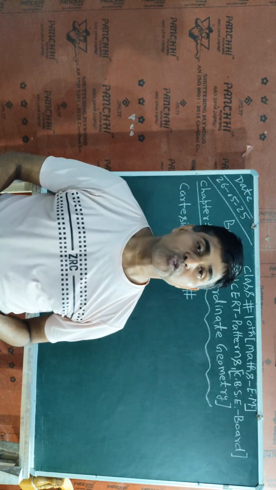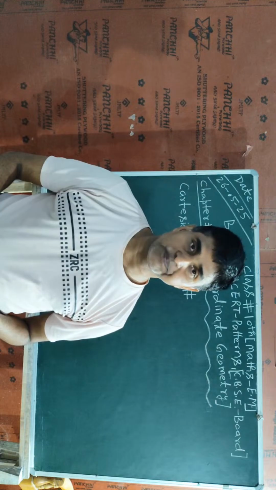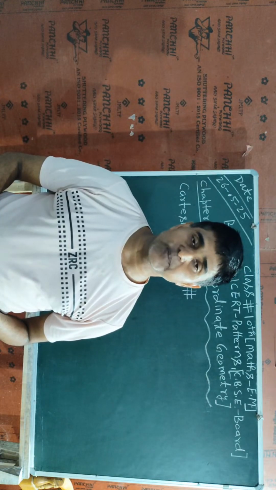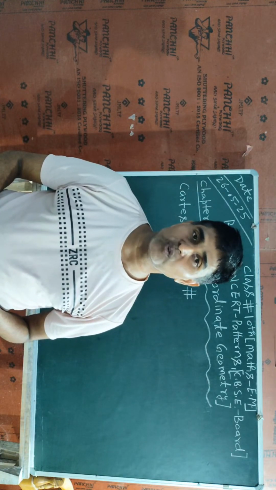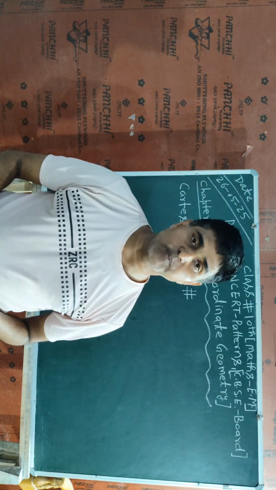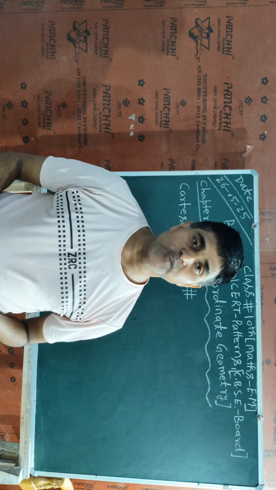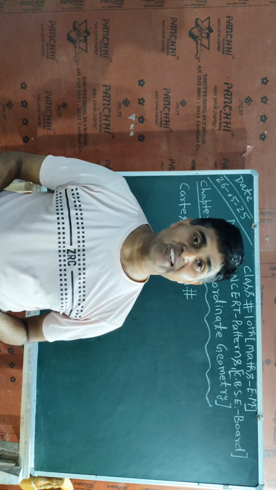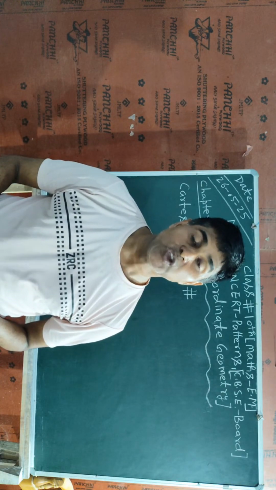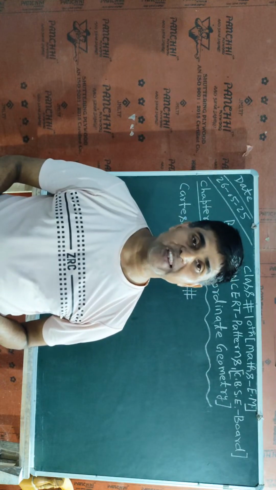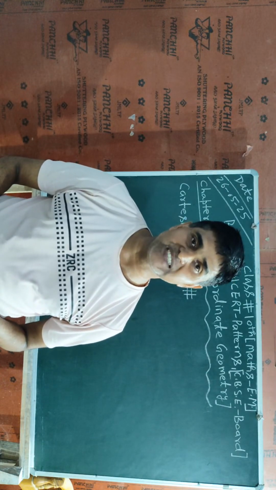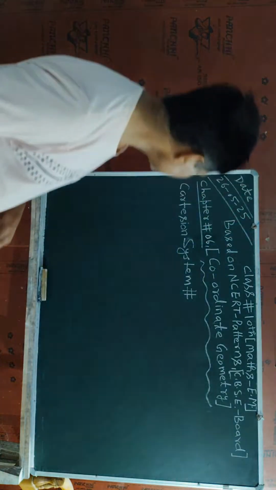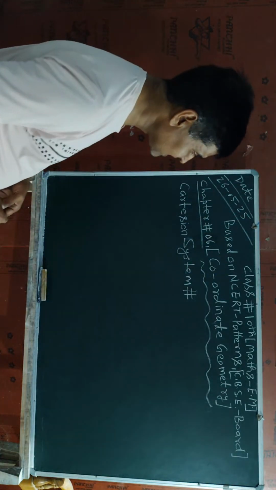Okay, students. So sit at your location properly, take your notebook and one pen, and write all the information which I explain and write on the blackboard. Here I am going to explain the concept of the Cartesian plane, the Cartesian system.